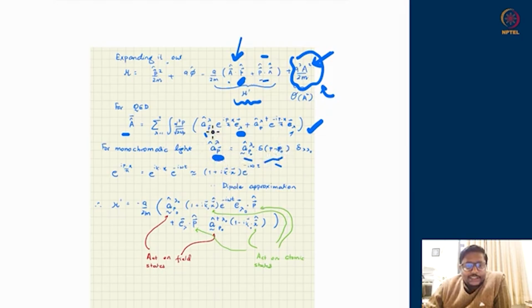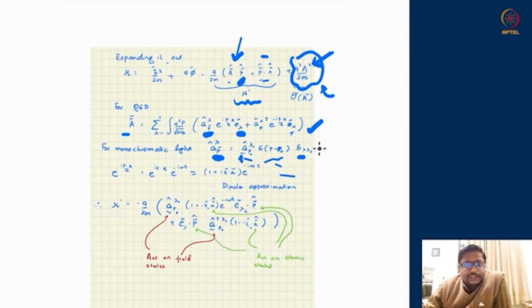I can write this A lambda p to be made up only with one momentum, p naught. So in this integration, I write A lambda p as A tilde lambda naught p naught, a new operator. There is a tilde below the A symbol, so that they become dimensionally different, and the delta function takes care that it is present only at one momentum, and this Kronecker delta just identifies which direction it is polarized along.